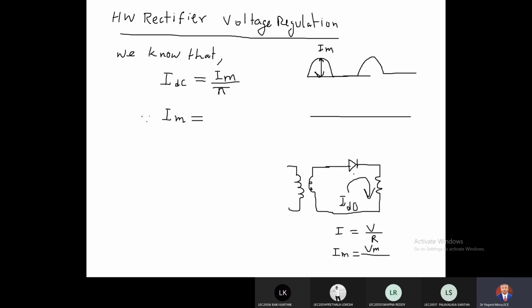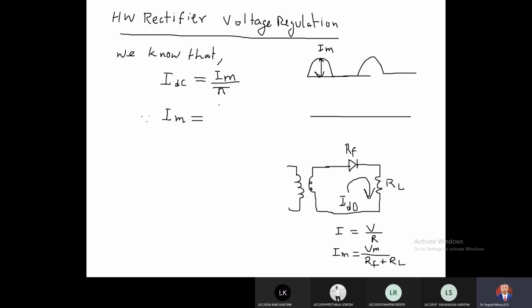What resistance comes in this path? This is the load resistance, and for the diode we have the forward resistance RF, the resistance of the diode when it is forward biased. Only when the diode is forward biased is this IDC flowing. So the total resistance is Rf in series with RL.